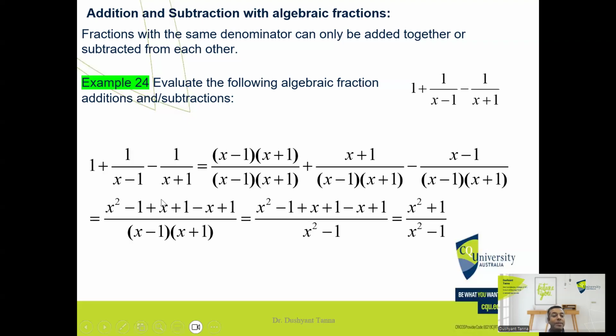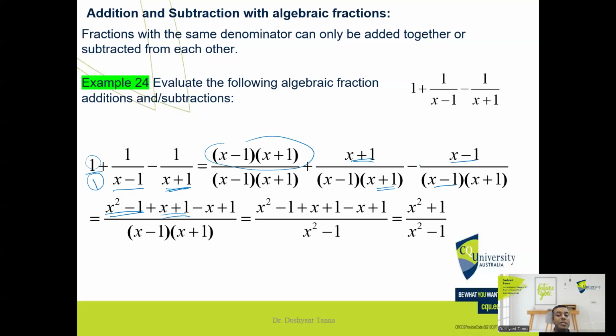That's right, we can do it together. 1 over x plus 1 plus 1 over x minus 1, the question. There are two different terms, and there is nothing up here, so the numerator is 1. Both terms will be multiplied at this place. So x minus 1, x plus 1. I got x minus 1, so I'll multiply with x plus 1. I got x plus 1, so I'll multiply with x minus 1. So this becomes x square minus 1.